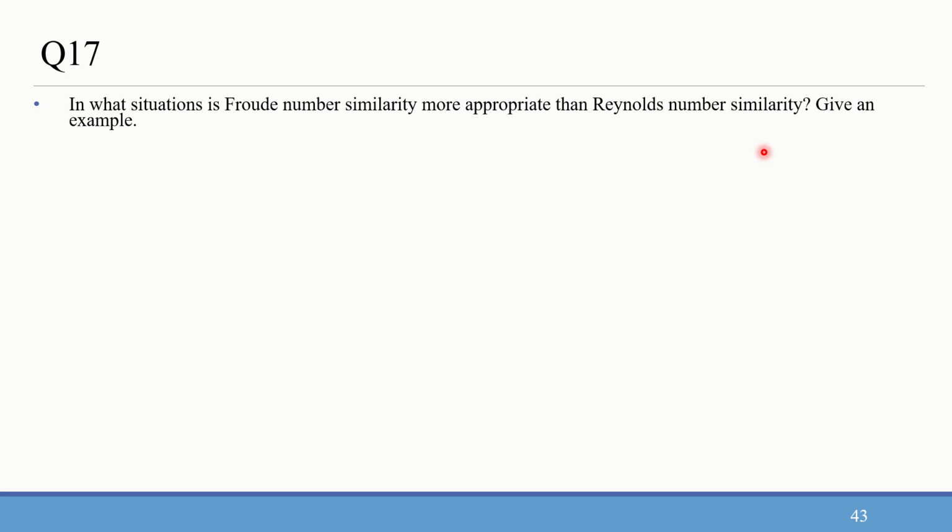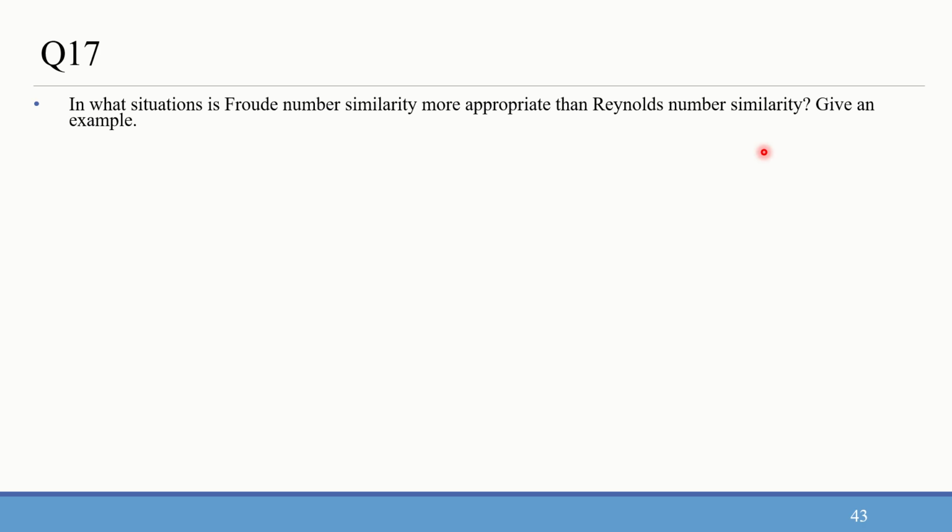We have seen the definition of what these numbers mean also in one of the slides. Reynolds number is the ratio of inertial force to the viscous force, Froude number is the ratio of inertial force to the gravitational force, and Weber number is the ratio of inertial force to the surface tension force.